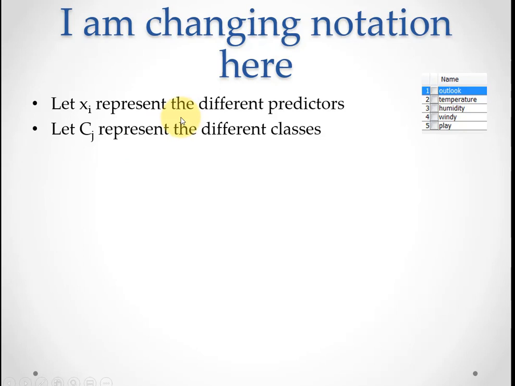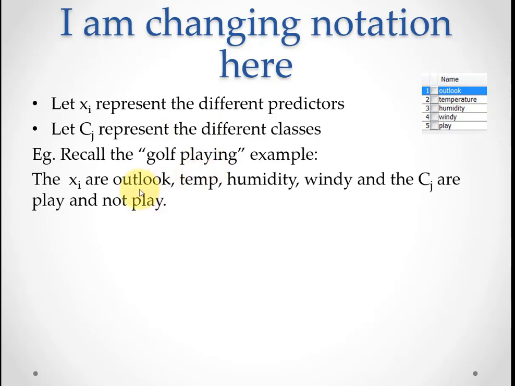So a little bit of confusion here in this kind of notation that I'm using. For the golf playing example, x1, x2, x3, x4 stand for these variables, but when we change C1, C2, we're not changing to new variables, we're just referring to the values play and not play.